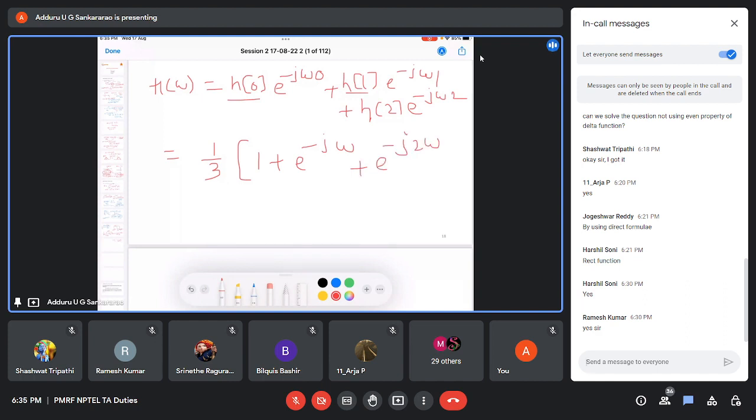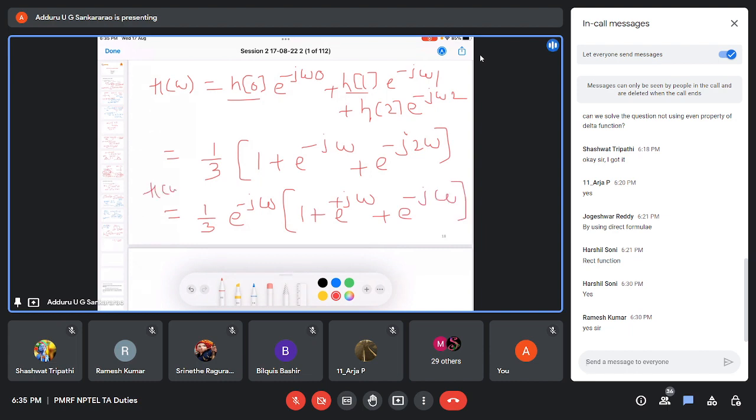Now I'm taking e power minus j omega common. So what we get is 1 by 3 e power minus j omega into 1 plus e power j omega plus e power minus j omega. Okay, this is H of omega.